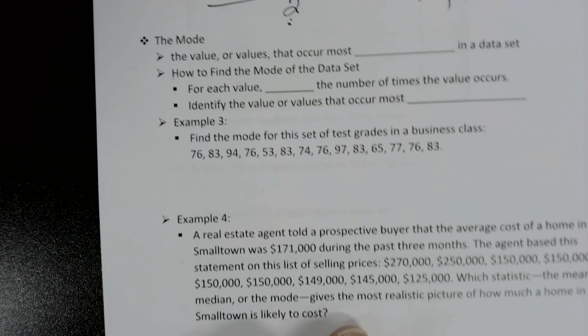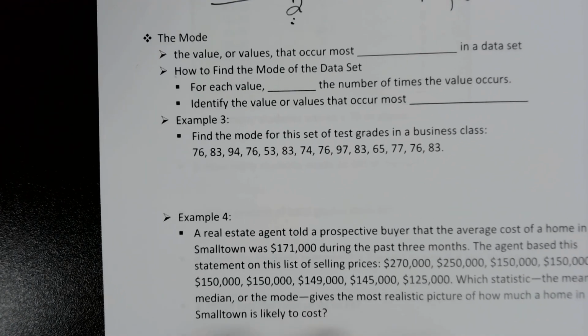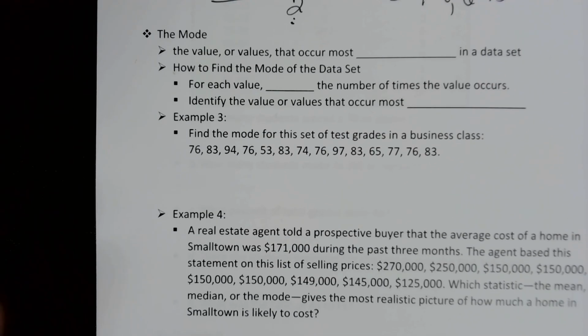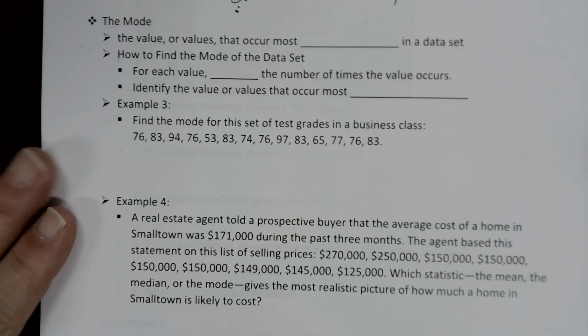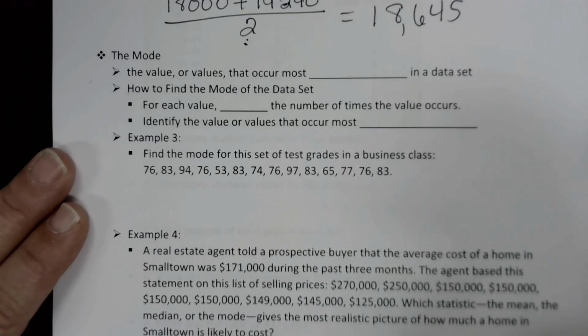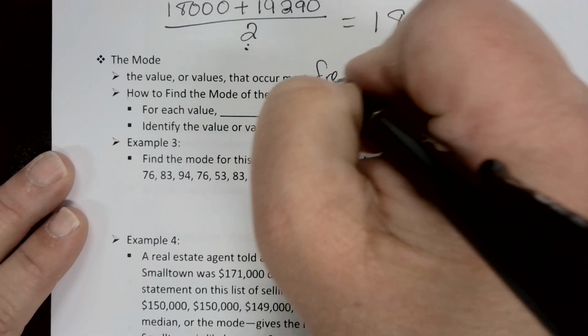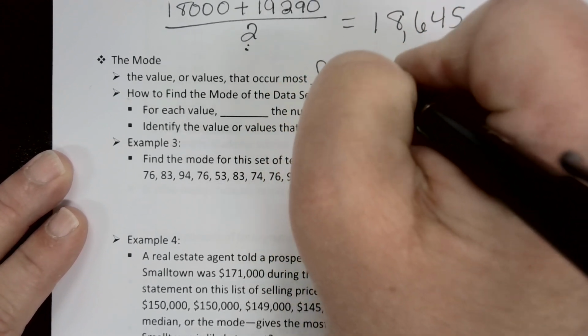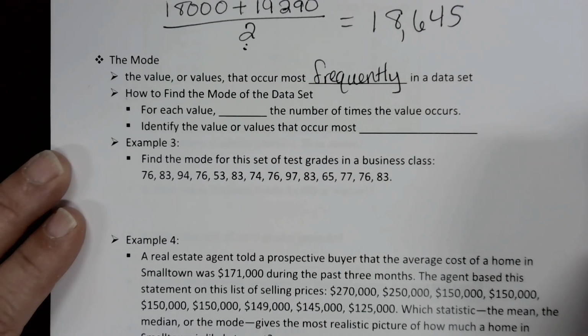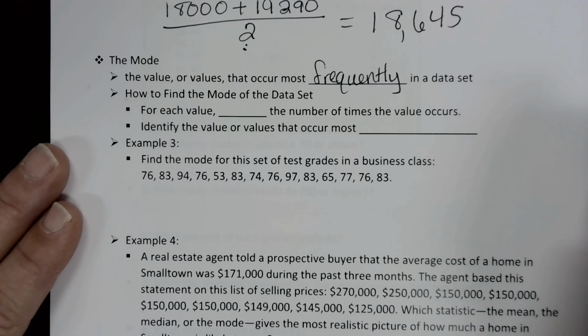All right, moving on to the mode. The mode is the value or values that occur most frequently. Sometimes there's not a mode. In that car price thing, there wasn't a mode because those were all different prices. So there would be no mode. Okay?